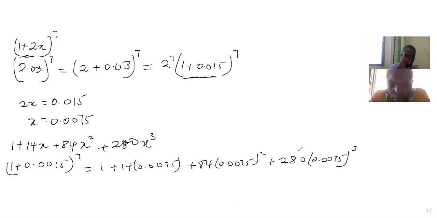By the normal multiplication, this will give you 1 plus 0.105, plus 0.00473 (0.004725), plus 0.000118. Confirm each of them for me.